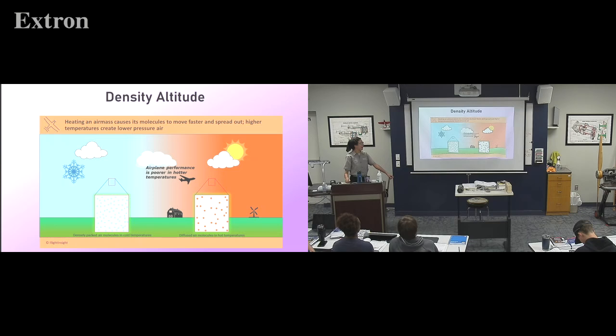So if you are at a high density altitude, that means there are very few molecules because the airplane thinks it's much higher than it normally would be. If you're at a low density altitude, that means molecules are nicely packed together and the airplane thinks it's nice and low.